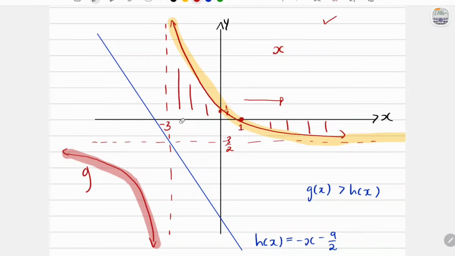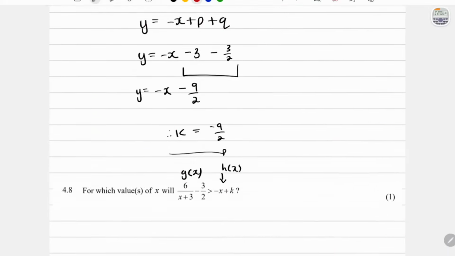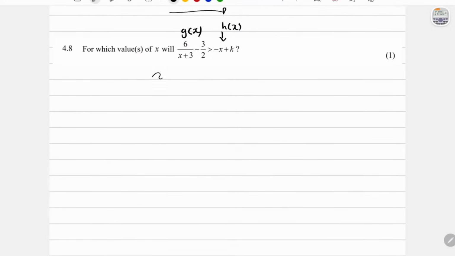It's every value that is greater than -3. And it just keeps going because this line will just keep getting closer and closer to the asymptote, but it will never pass the asymptote. So it's really just every part of that wing of the graph. So it's where x is greater than -3. That's our answer there.